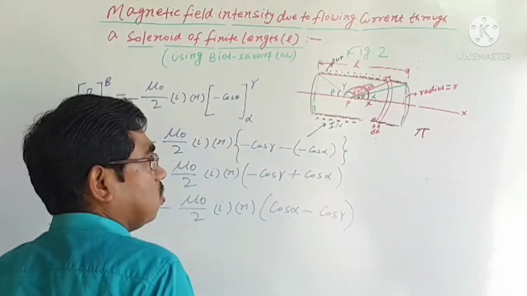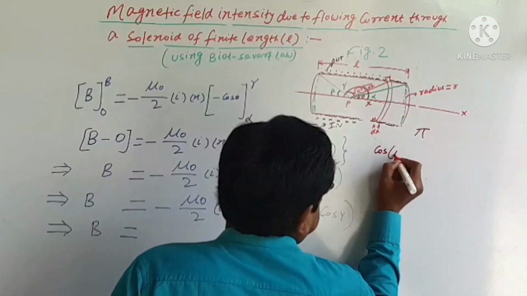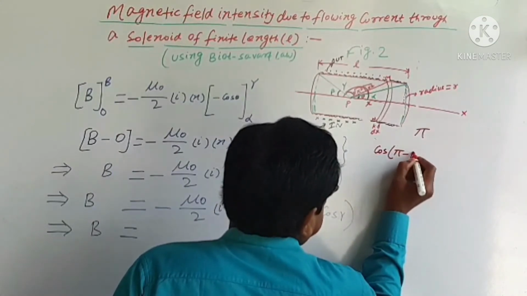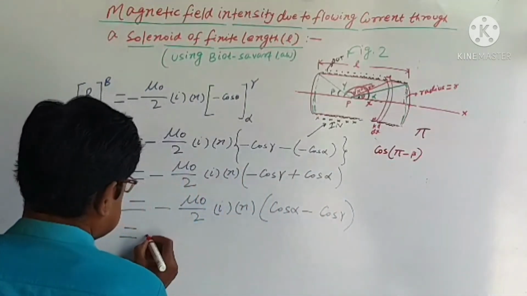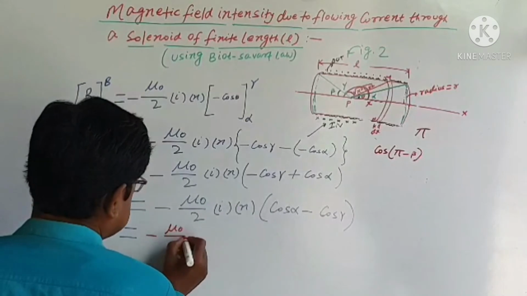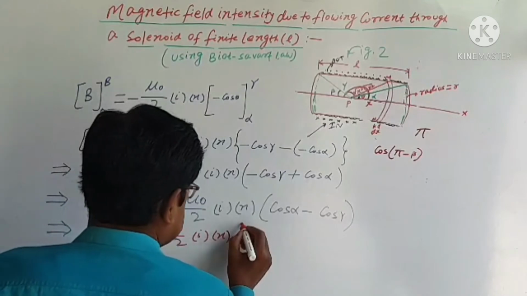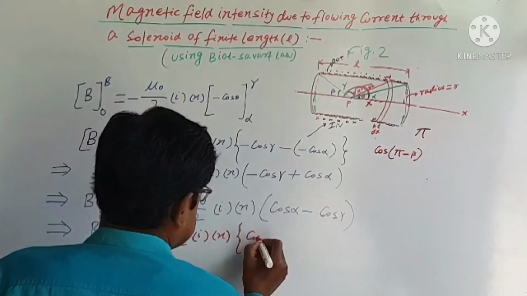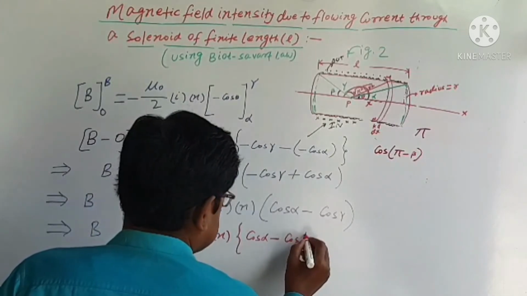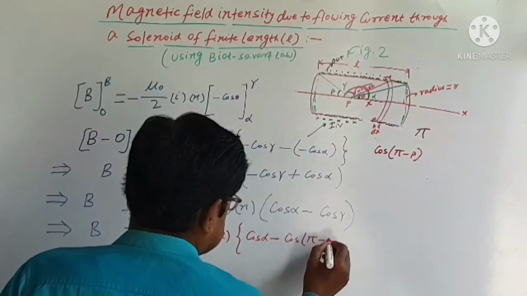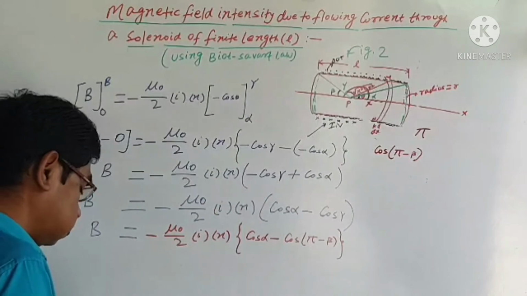Now, we may also write, instead of this, cosine of pi minus beta. Okay. So, we place here minus mu naught over 2 I n times cosine of alpha minus cosine of pi minus beta. Okay.